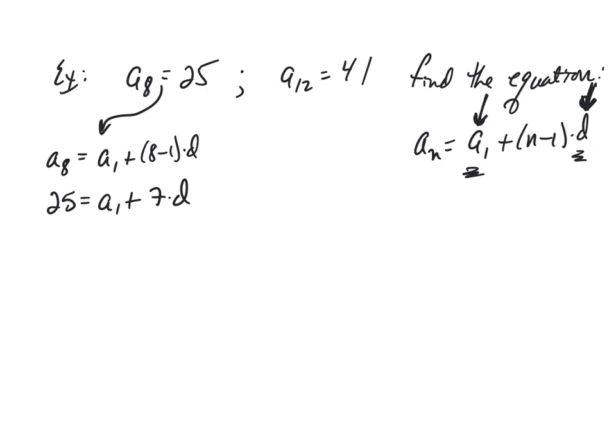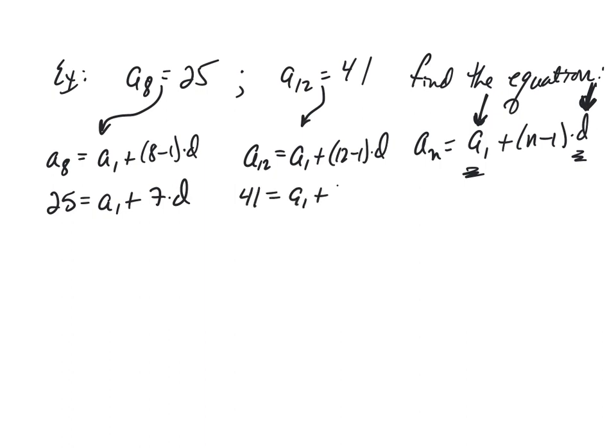But if we do the same thing for the second piece of information, that a sub 12, the 12th term, is 41, watch what happens. So if we use that piece of info, a sub 12 is equal to a sub 1 plus the value of n minus 1 times d. Oh, well, we can actually replace a sub 12 with 41.